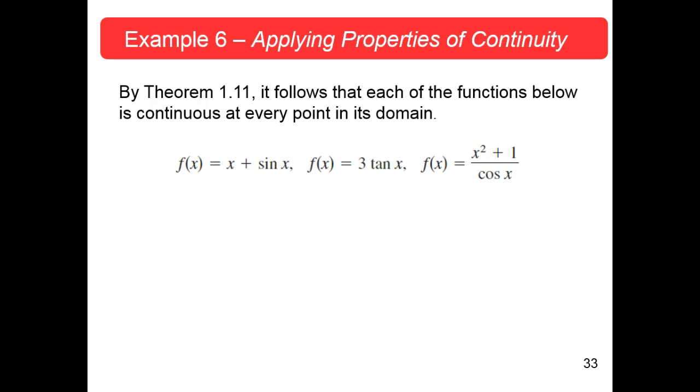Tangent is defined because that's sine over cosine. So that's defined everywhere. It's continuous everywhere except at half pi's, because that's where your denominator would be 0. Okay. Make sense?